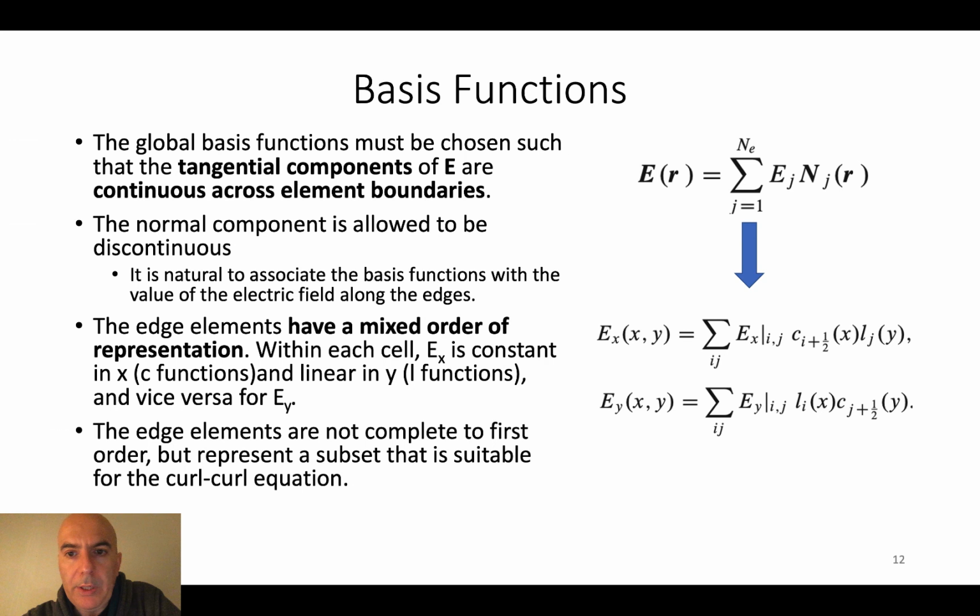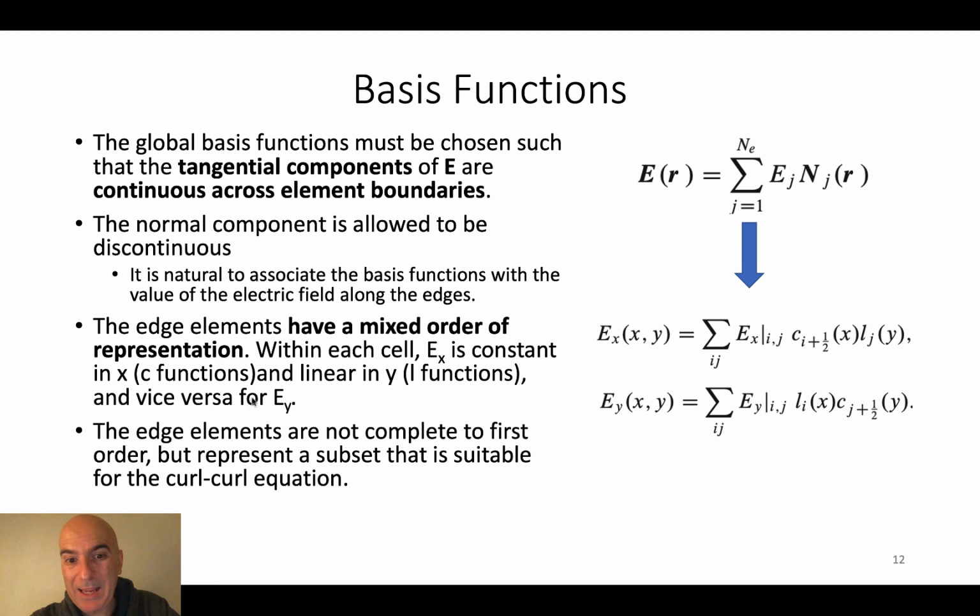So in this configuration, the edge elements have a mixed order of representation. Mixed means that we're going to use functions that are either constant or linear. So within each cell, E_x is constant in the x direction, so we are talking about a C function, and linear in the y direction, so we're going to talk about an L function.